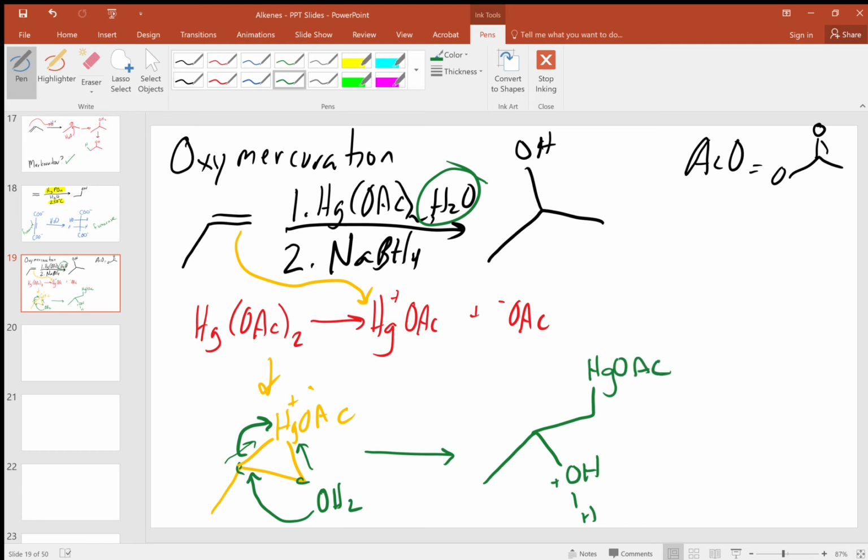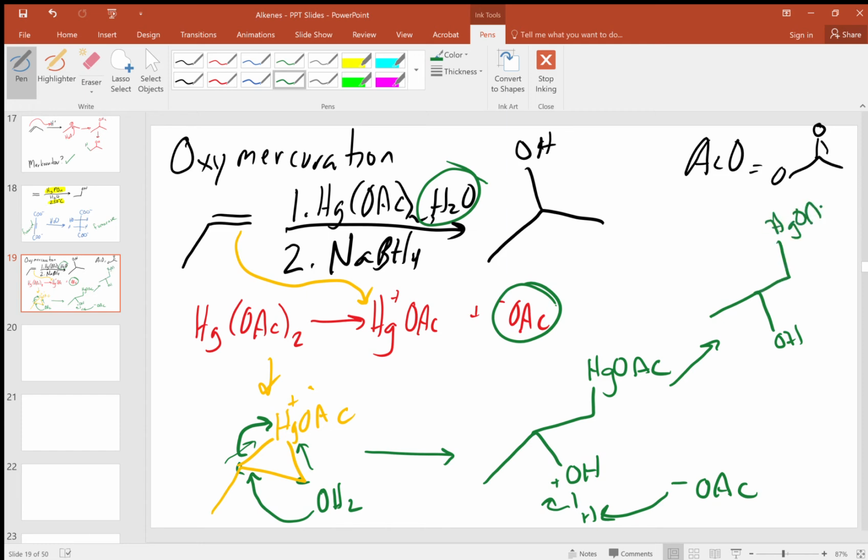From here, this acetate anion that was released can come in and remove this hydrogen to give us the neutral OH group. Now, this is the point where this first part of the reaction stops and we would add the sodium borohydride.